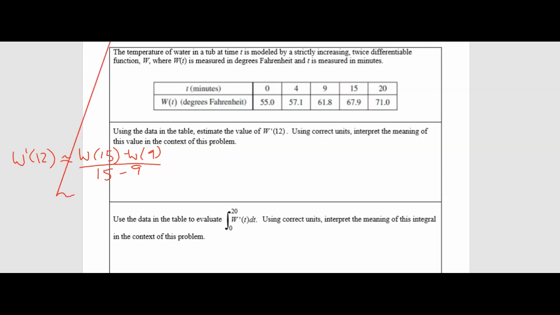This gives us approximately 1.017, depending on whether you round or truncate. Let's go ahead and put units here. We're finding a derivative, so this is not only going to be degrees Fahrenheit, it's going to be degrees Fahrenheit per minute.